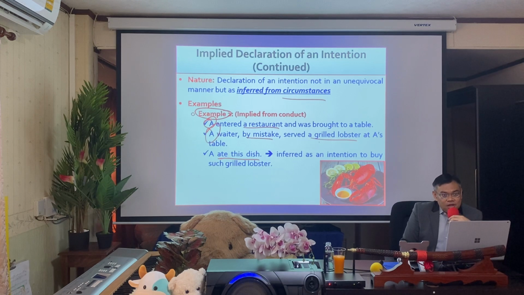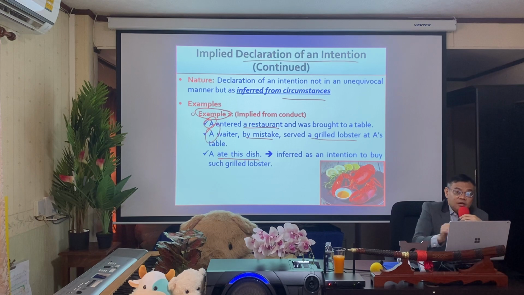Even though in this case A did not declare an intention in an express way, the act of taking the lobster and eating it up can be understood as an intention to buy this lobster, so the declaration of intention in this case is done by way of implication.